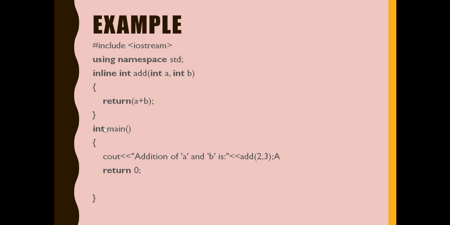Now inside the main method we try to call this inline function. Look at this, there is an output statement where we have called the inline function add of 2 comma 3. We'll make use of this code to show how an inline function works.